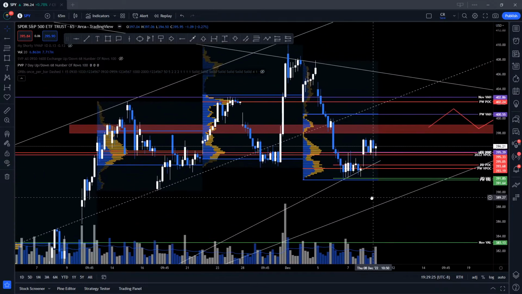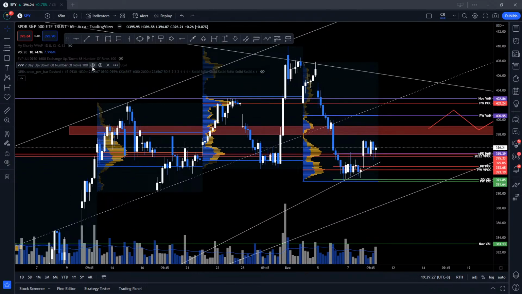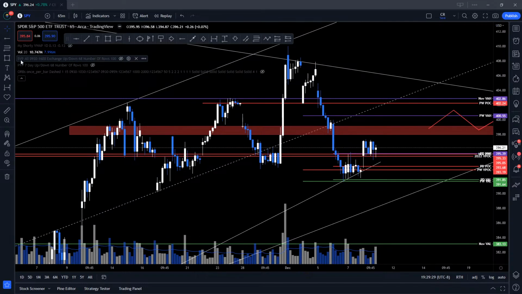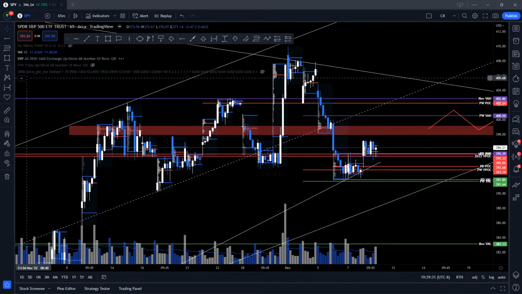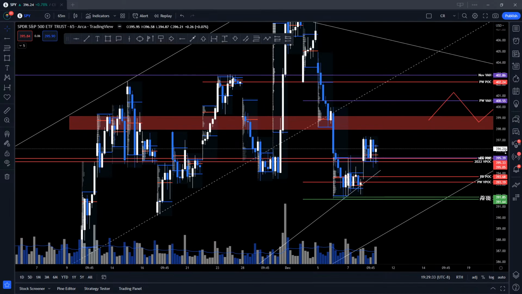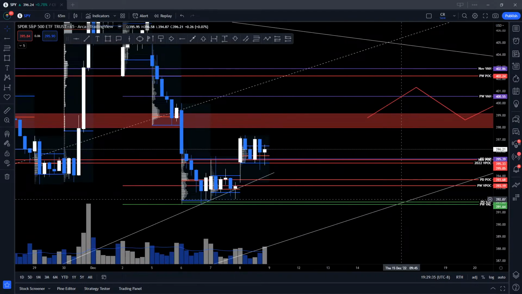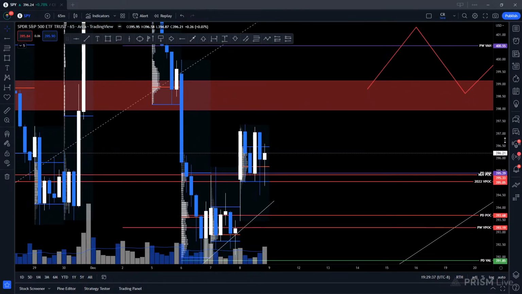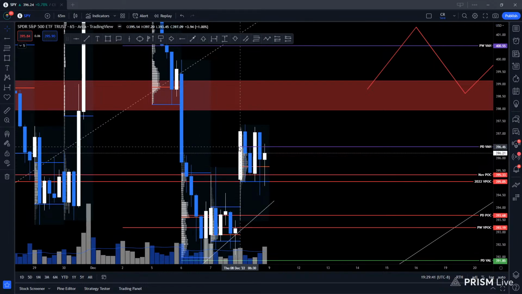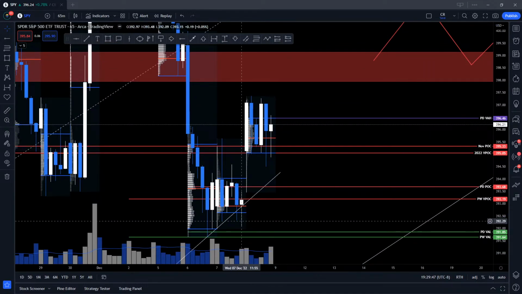And then from here, I'm done with my PVP. Now I'll use my session volume profile, and all I'm really looking at is the previous day. So here's my previous day value area high. A lot of times I'm just grabbing levels, like these lines I already charted.